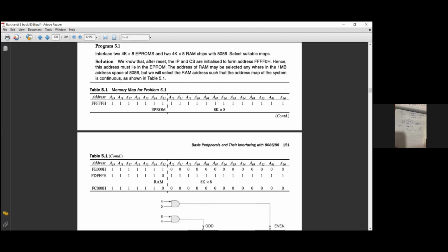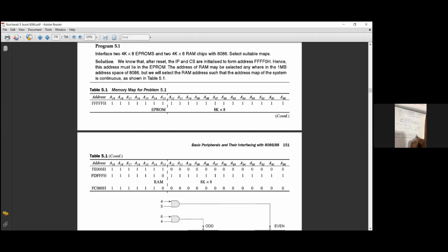Remember, for 8085, if the address is not given, what are the starting address of ROM and the starting address of RAM? The ROM starting address is 0000H, and RAM is at the ending address FFFFH. Yes, sir.